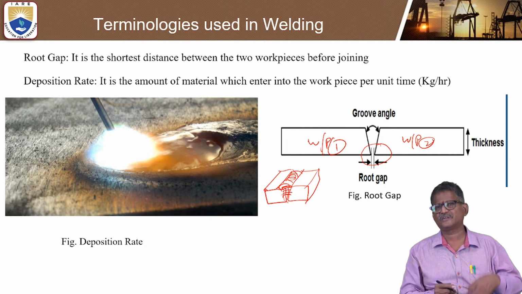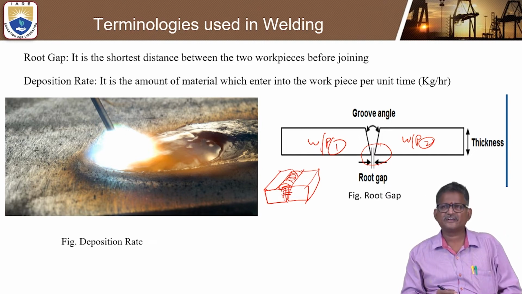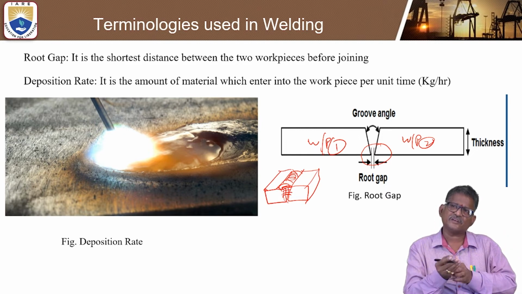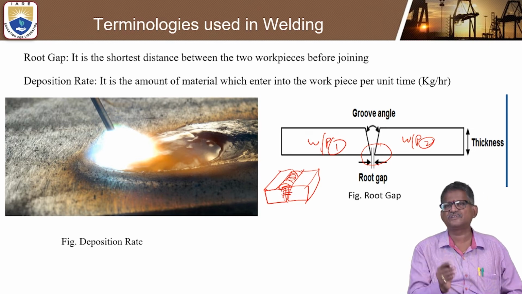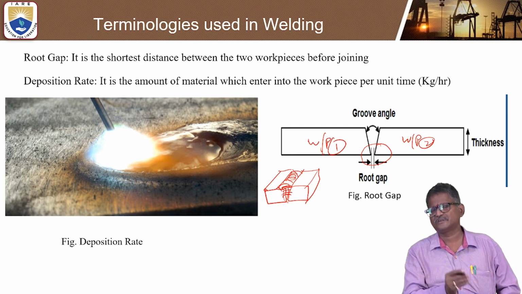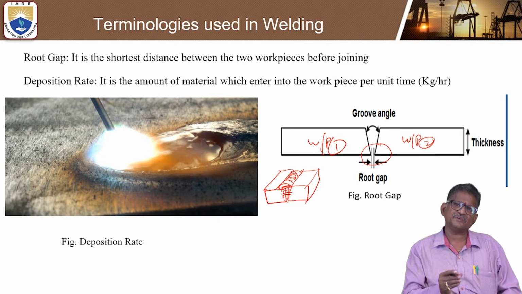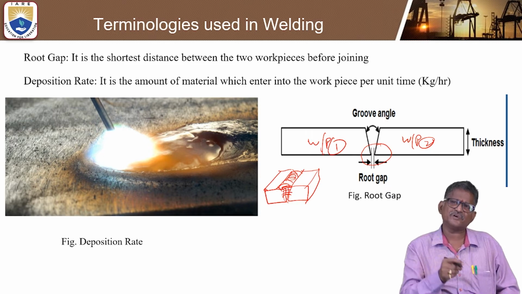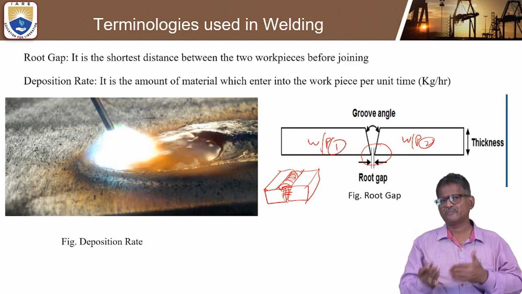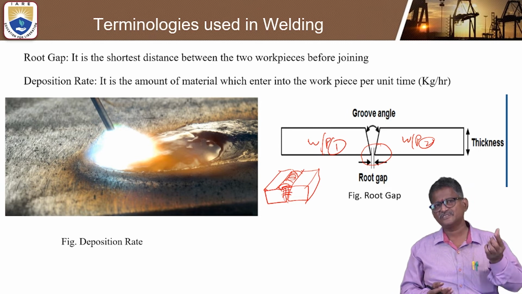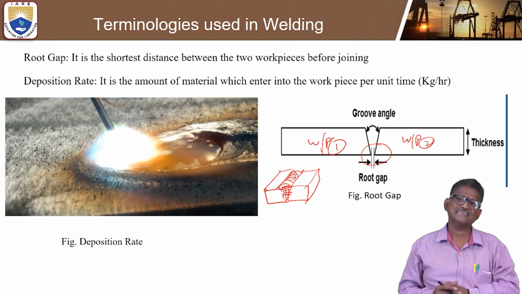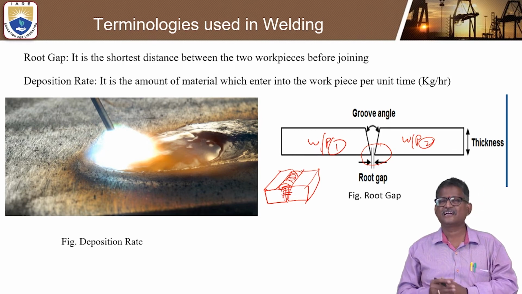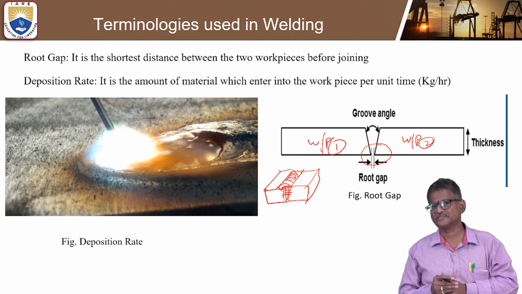That is very important. If you provide the filler rod, how much of that filler rod material can be utilized per hour or per minute or per second, whatever it may be, the deposition rate plays an important role. Depending upon our application, our usage, and the materials also, the deposition rate can be discussed clearly as per our specification.